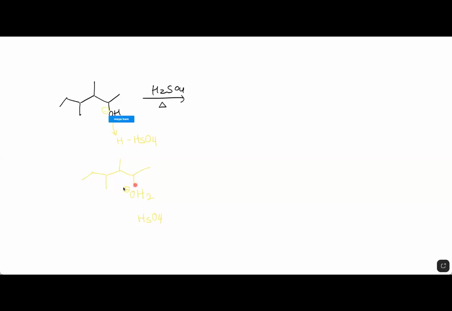If it goes through an E1-like mechanism, then that leaving group will just leave, and this alcohol right here with two bonds is neutral. There's no charge on this oxygen. So for the charges, oxygen with two bonds will be neutral. Oxygen with three bonds, one, two, three, will be positive. Oxygen with one bond will be negative.